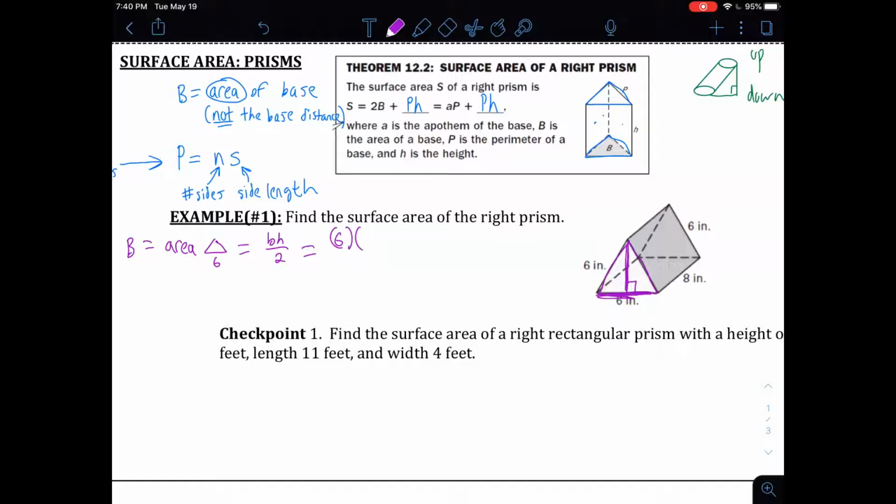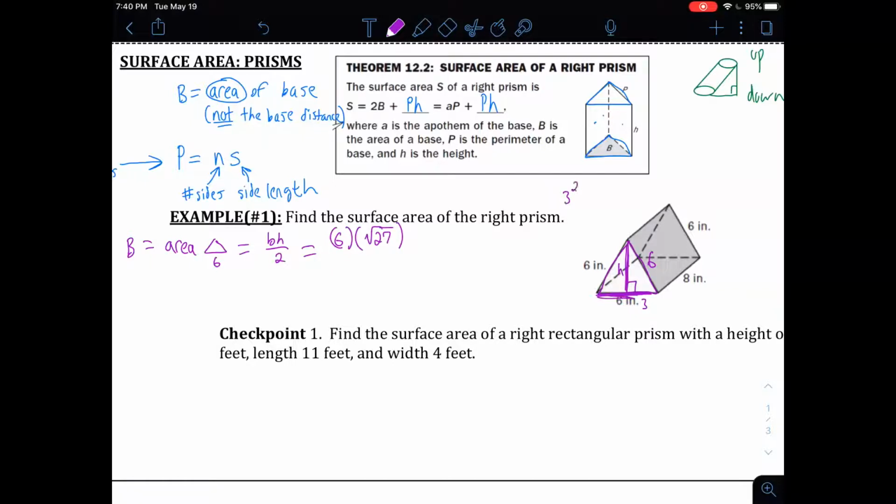The height, if you actually use Pythagorean theorem, this is going to be 3, this is going to be 6. It's going to be square root of 27. If you do 3 squared plus 6 squared equals c squared, or no, sorry, I goofed that up. So let me just explain where this comes from. So this is the height, right?